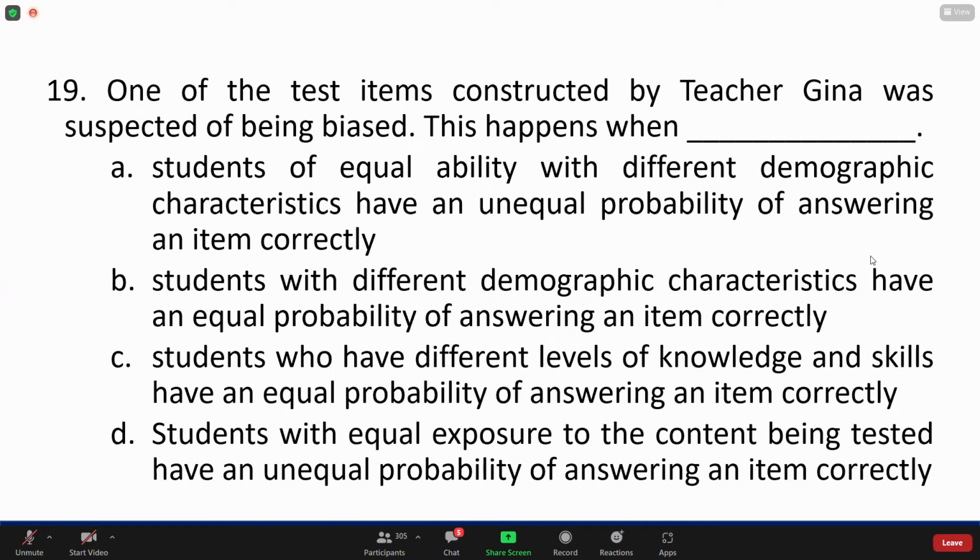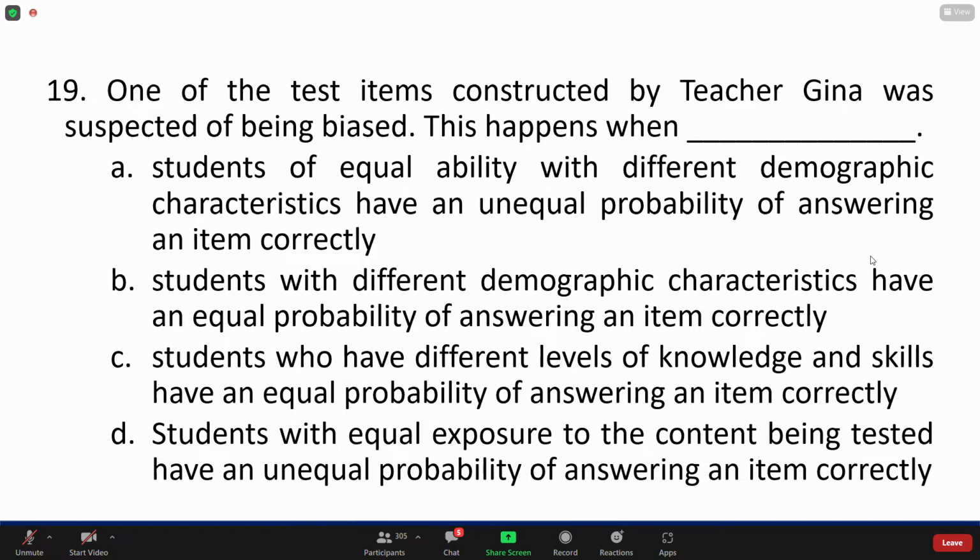Okay, number 19. One of the test items constructed by teacher Gina was suspected of being biased. This happens when blank. Letter A, students of equal ability with different demographic characteristics have an unequal probability of answering an item correctly. Letter B, students with different demographic characteristics have an equal probability of answering an item correctly.